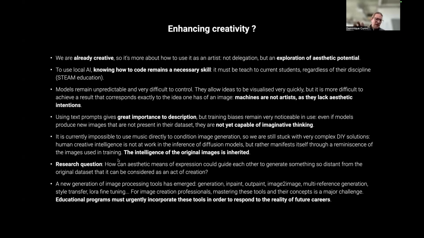It's not really in the result, but also in the global process. So maybe we can think about a way to have an aesthetic means of expression that could guide each other, image that can guide some music production, etc. And maybe we will be a bit closer to the act of creation. Maybe we should not do that at all. Also, it's an option.